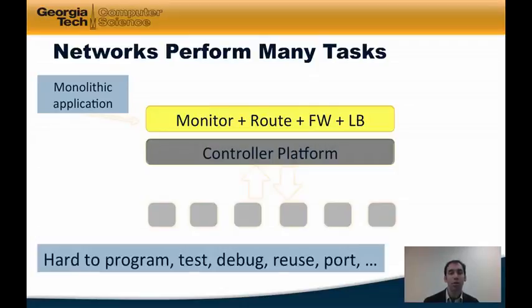Now, the problem with a single monolithic application like this is it becomes very hard to program, test, debug, reuse, and port. Imagine, for example, that we wanted to test a certain component or reuse a particular component from this application. Well, suddenly we have a very big control program that is relatively unmanageable.